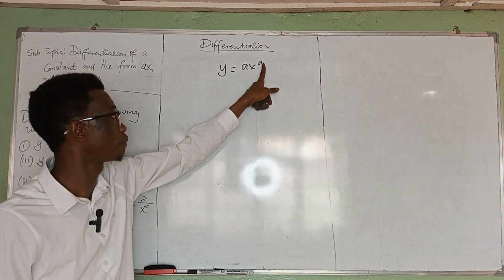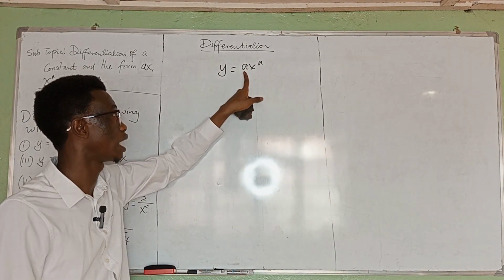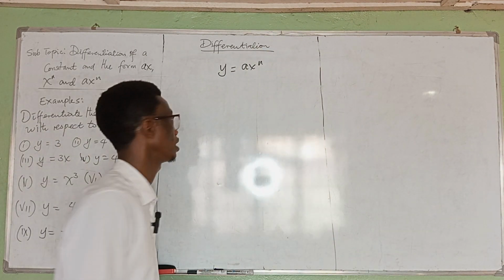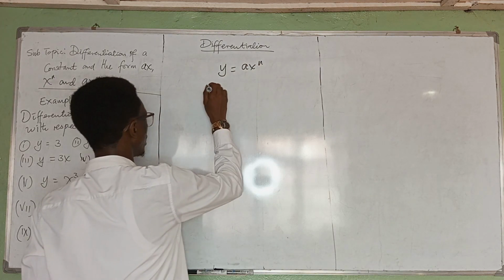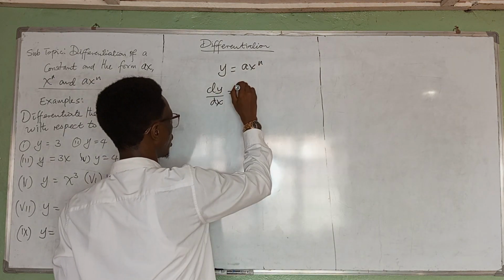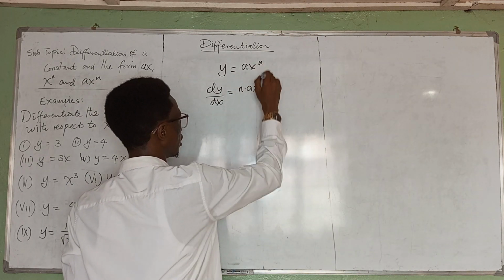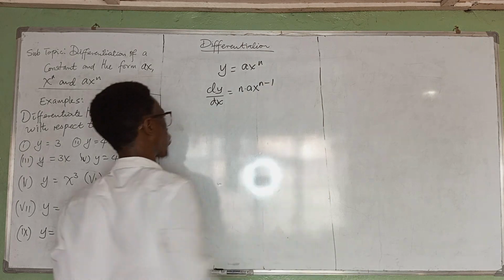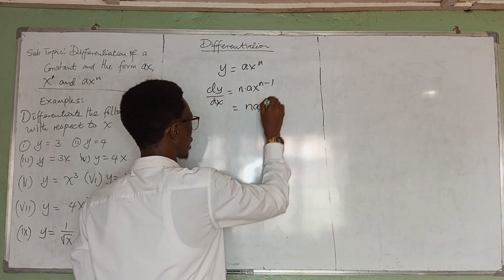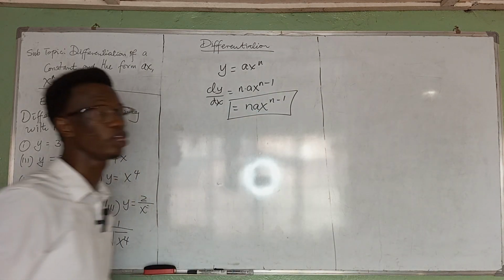You just need to multiply the power by this constant, by this coefficient, then you take 1 from the power. Okay, so it means if we are differentiating, dy by dx becomes n multiplied by a x raised to n minus 1, which becomes nax^(n-1). So that's the form. So that will be your answer.